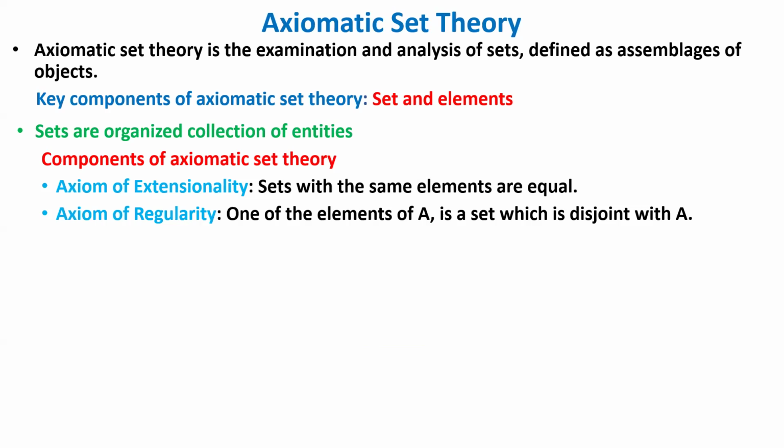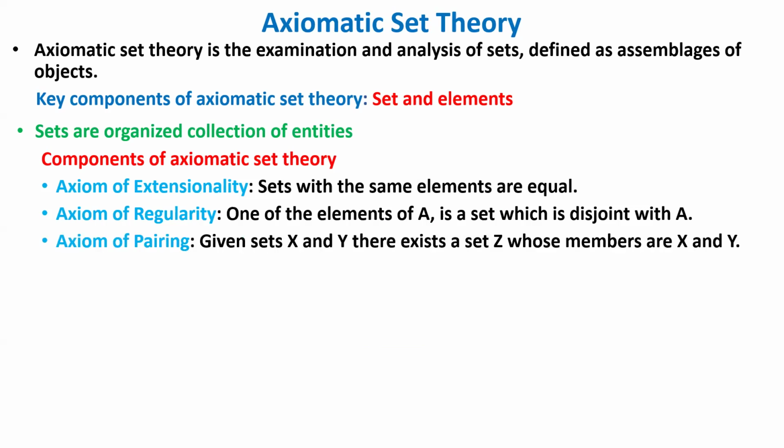We have the axiom of regularity, and this states that one of the elements of A is a set which is disjoint with A. In the axiom of pairing, if you are given two sets, X and Y, there exists a set Z whose members are X and Y.